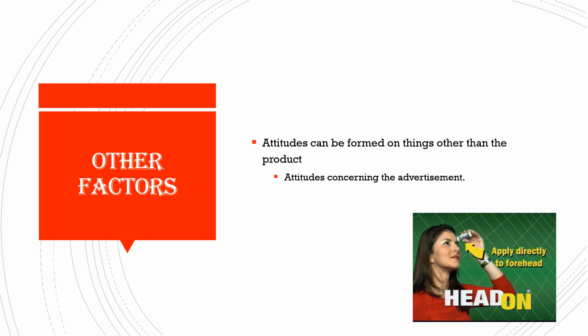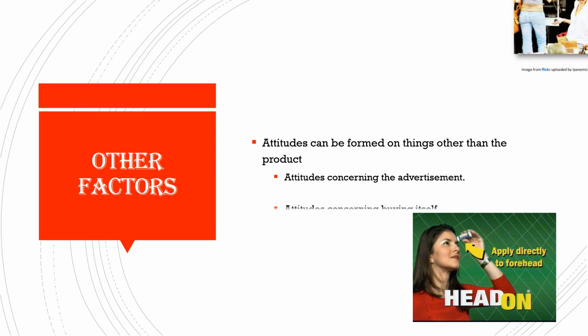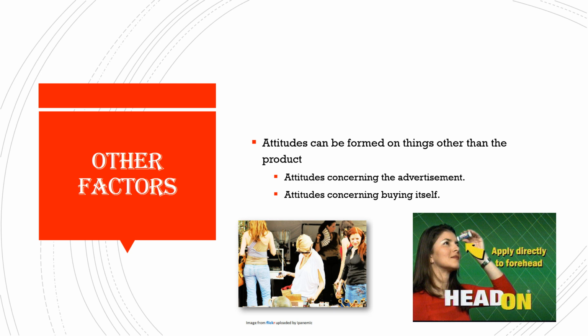The ad is just so good that they like it and decide this is what they want. Sometimes attitudes are formed concerning buying itself, going out and shopping, garage sales, getting something on Amazon or other things like that. For the most part, the experience of doing the purchase is what it's all about.